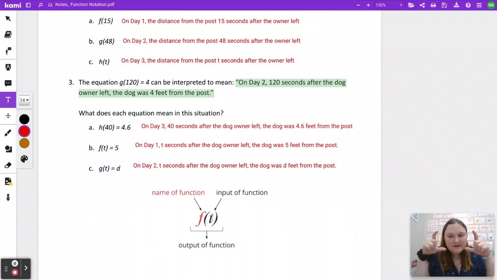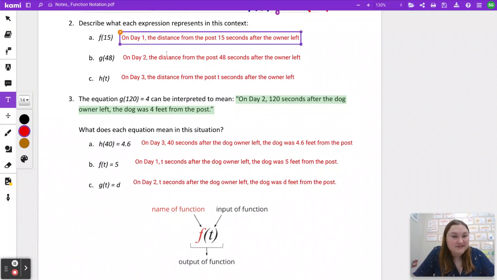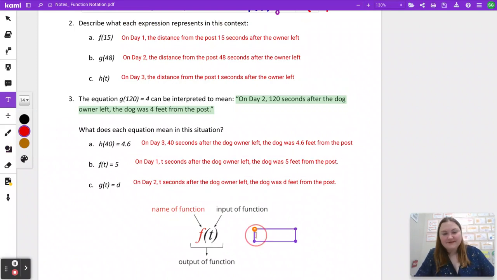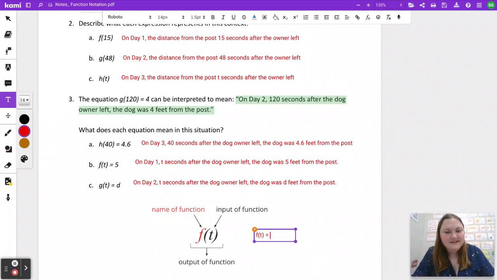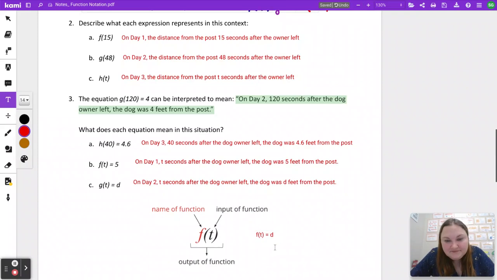So whatever is in those parentheses, that's always going to be the input in the relationship. And then together, all of this represents the output. So they've got the bracket around the f of t. All of that represents the output, which here was the distance. So you could see it that way, or you could also see it as f of t equals d, where your distance or your output comes after that equal sign.